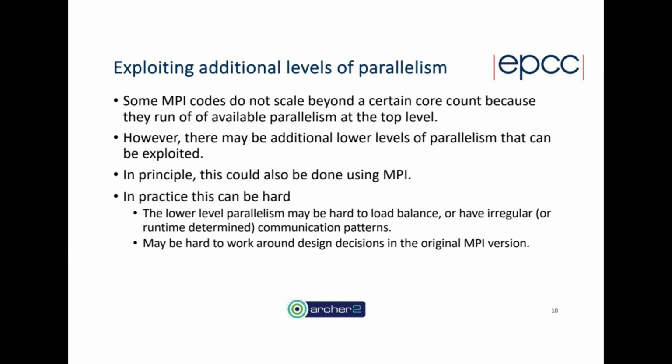Simply the amount of work you'd need to do to the code to exploit that extra parallelism using MPI might be infeasible or intractable, or you don't have the programmer resources to do it. But doing it with OpenMP might be more tractable and doable in less time with less effort.